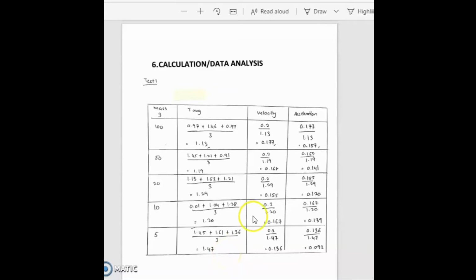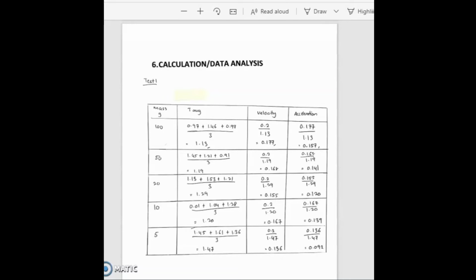Next, for velocity. The formula for velocity is we use height over total time. The height given for test 1 is 20 cm, but we need to convert it into meter.